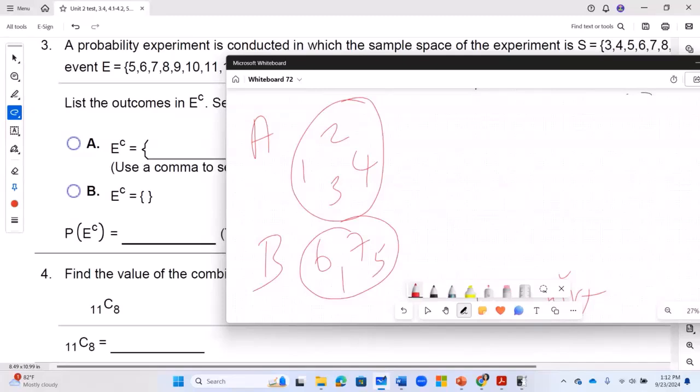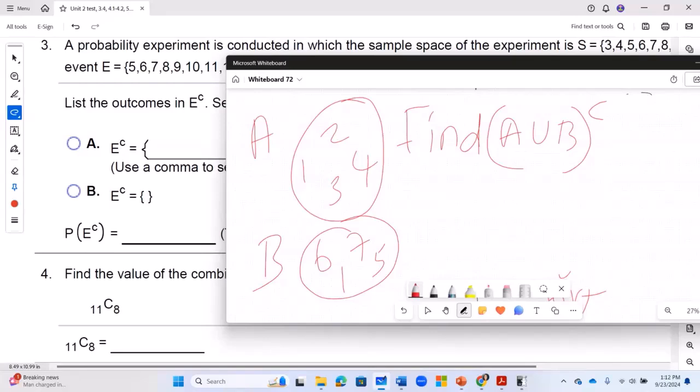A question can ask me to find A union B complement.